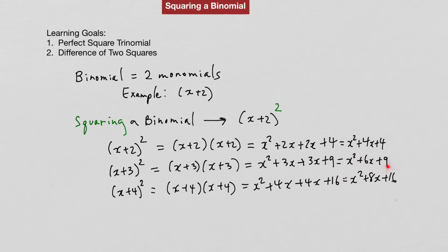Take a couple seconds and look at both of those examples. What do you notice here? And then let's take a look at the last example. X plus 4 quantity squared. The result is x squared plus 8x plus 16. Do you see any trend or pattern going from the first example, to the second example, to the third example?